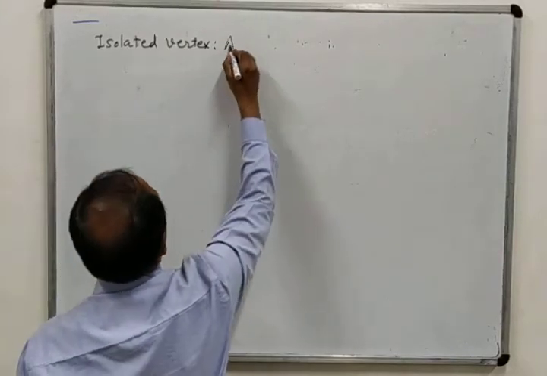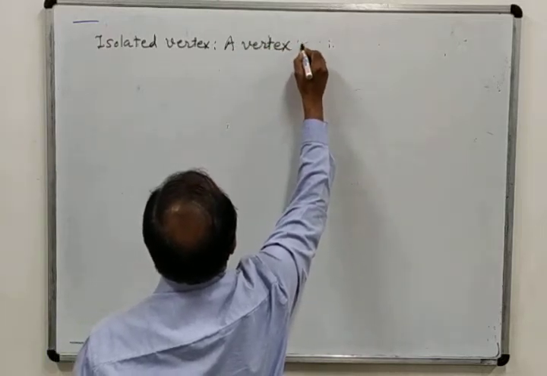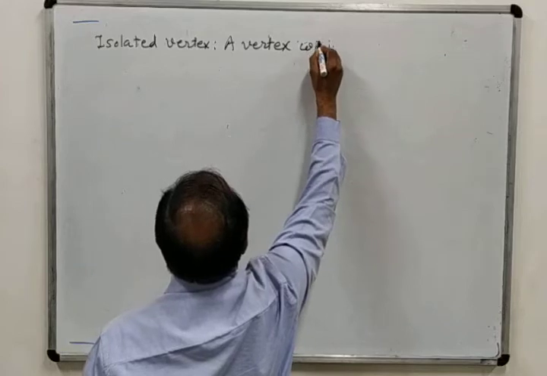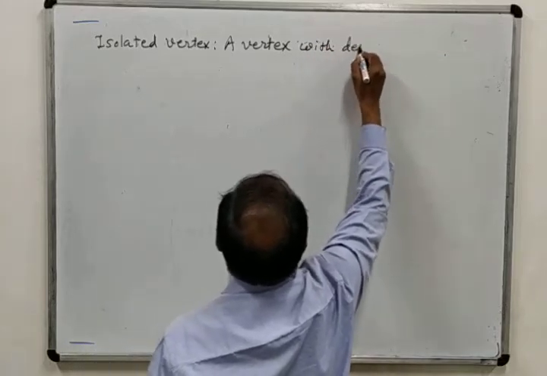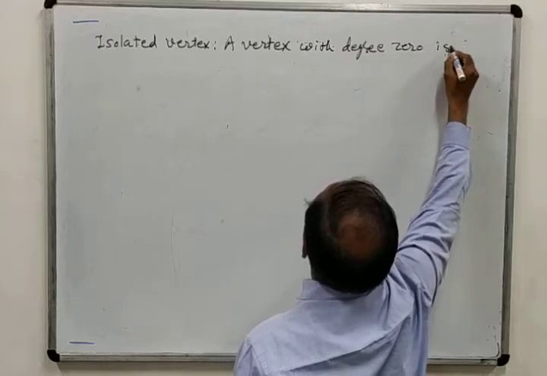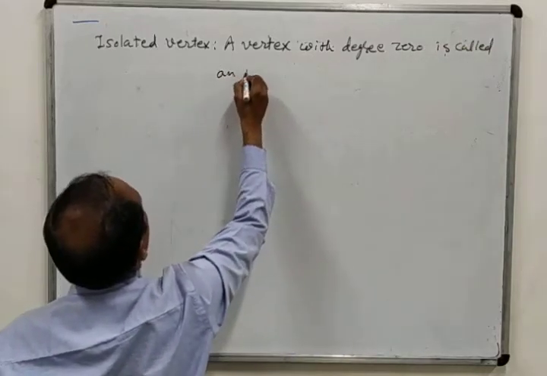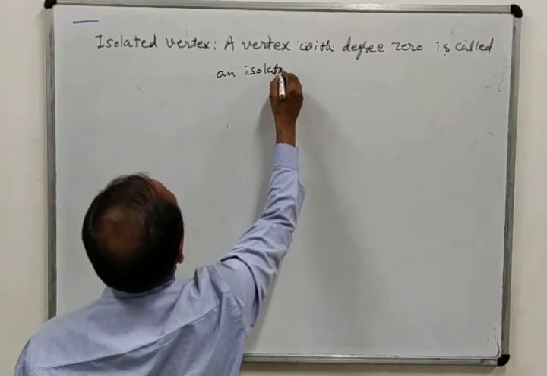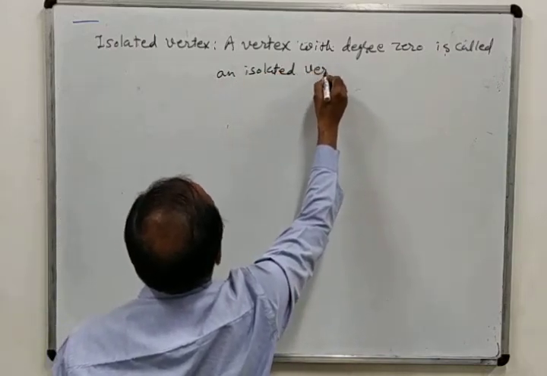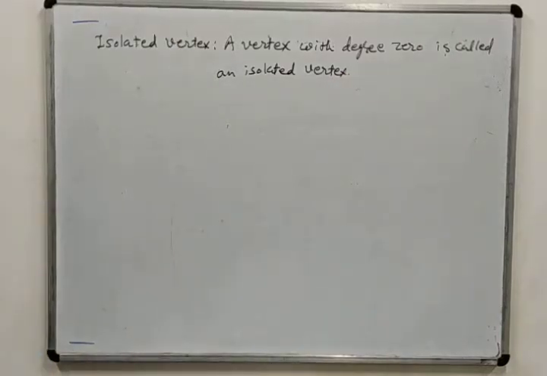So a vertex with degree 0 is called an isolated vertex.